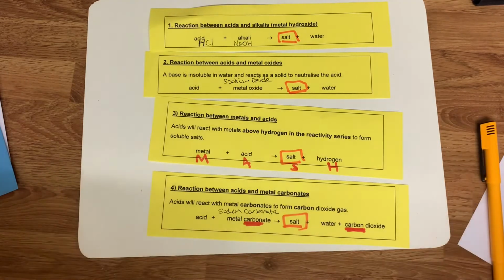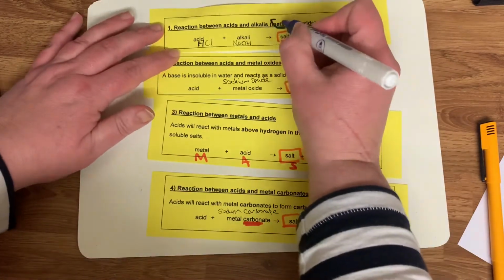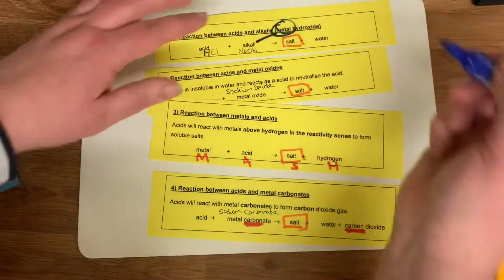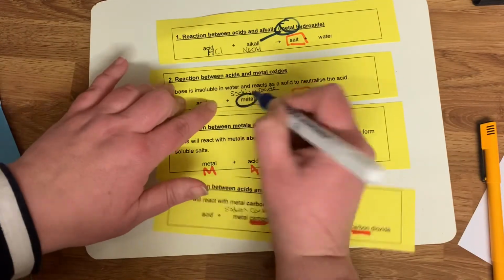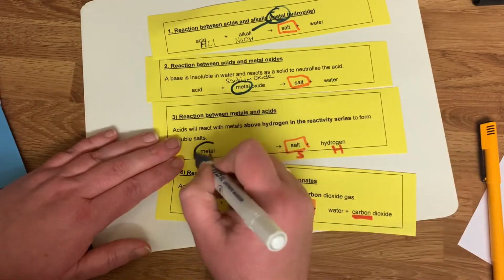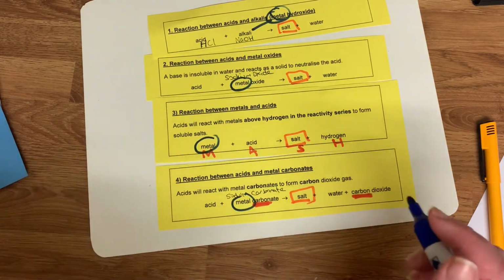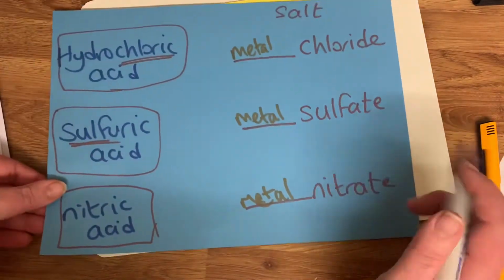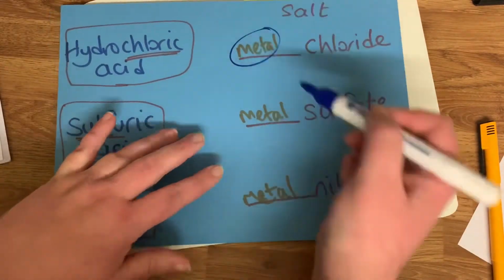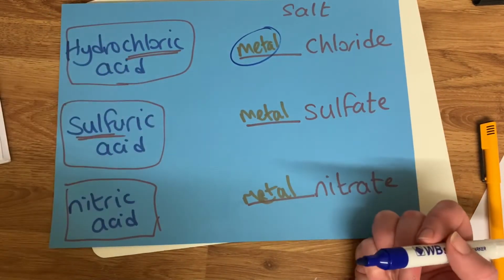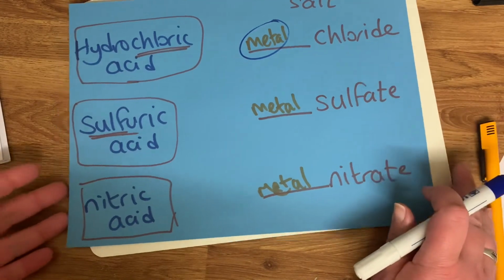So we've got a metal hydroxide in our alkali, a metal oxide in this one, a metal on its own here, and a metal carbonate. So remember, the first part of the name for the salt comes from the metal, and the second part comes from the acid. So let's try some examples.